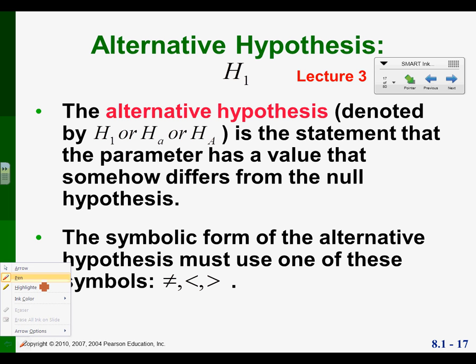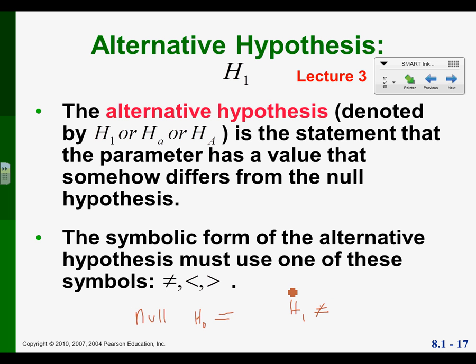H sub 0 equals. What symbol is going to be used in the alternative hypothesis? H sub 1 does not equal. H sub 1 is less than. H sub 1 is greater than.